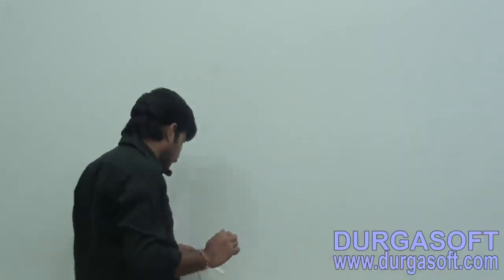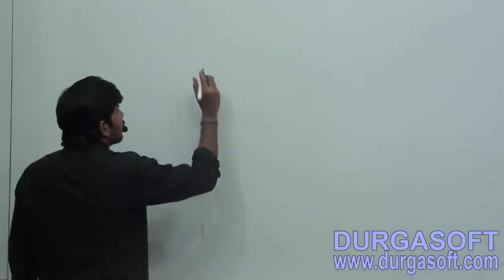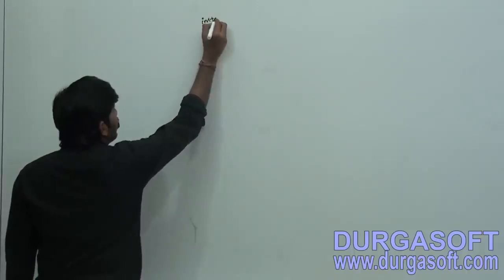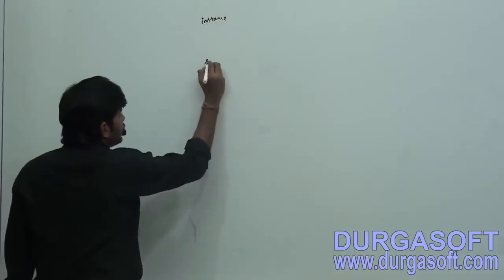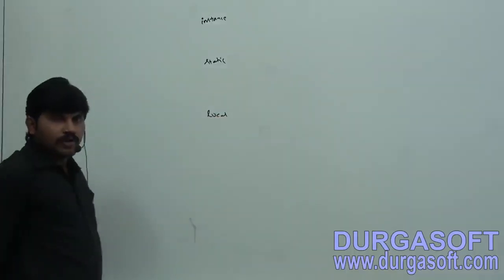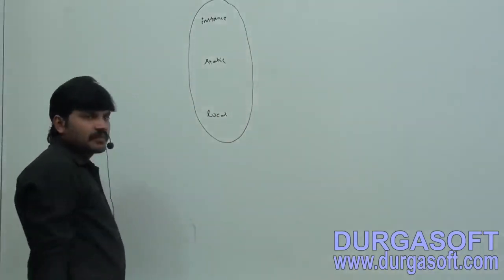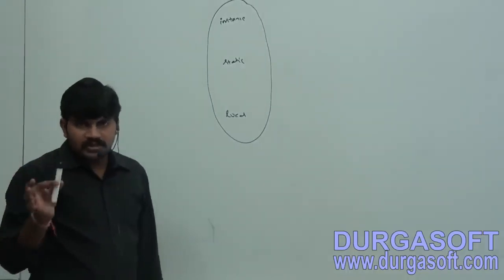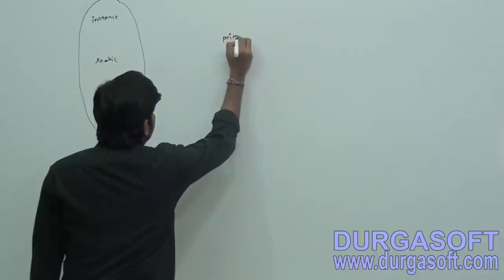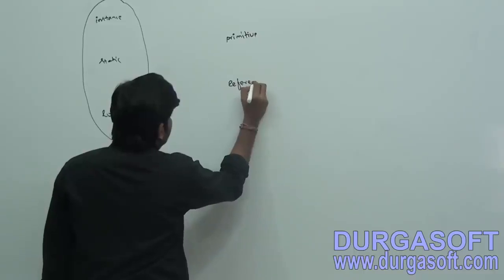Every variable in Java can be either an instance variable or a static variable or a local variable. One of these three, compulsory. Every variable in Java can be either a primitive variable or a reference variable.